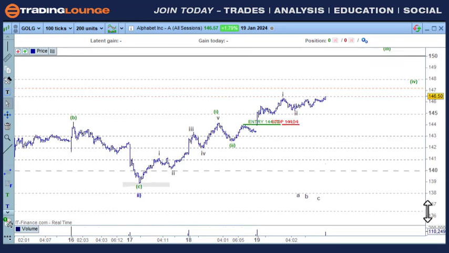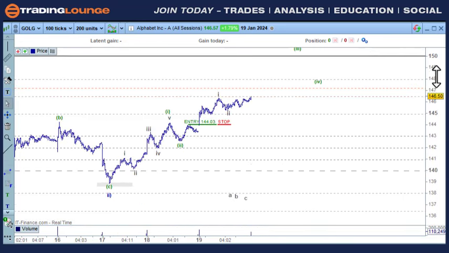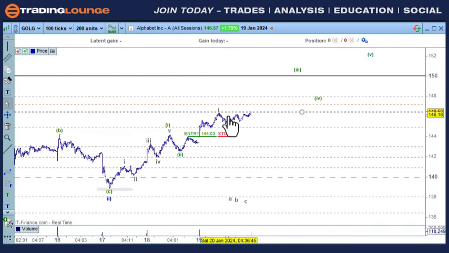Now we've got a nice little 1, 2, 3, 4, 5 here. Could I do it any differently? I think it's okay-ish at this point. Nice little 5 waves here. We're getting 5 waves to the upside and small corrective waves to the downside.